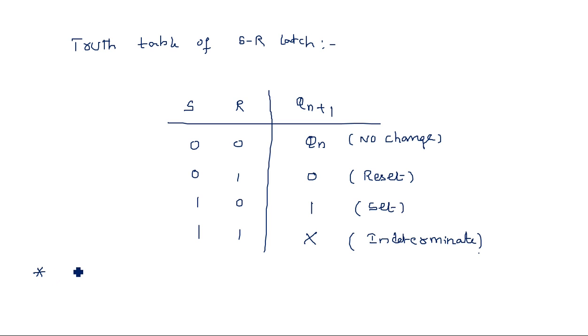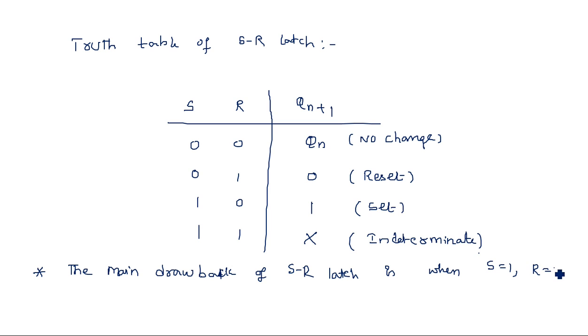And 0 1 means output is 0, 1 0 means output is 1, 1 1 means indeterminate state. So the main drawback of SR latch or flip-flop is when S is equal to 1, R is equal to 1, the output is an indeterminate state.